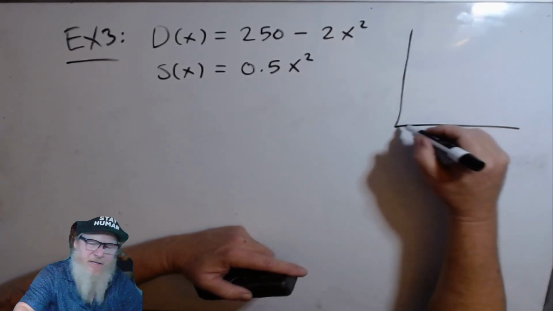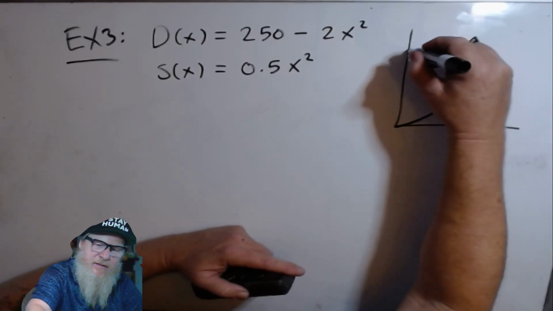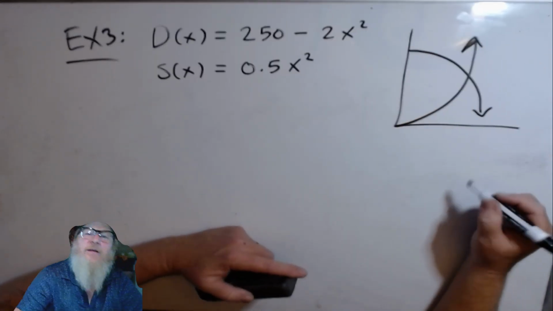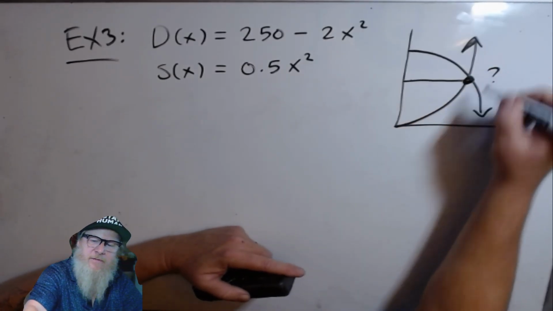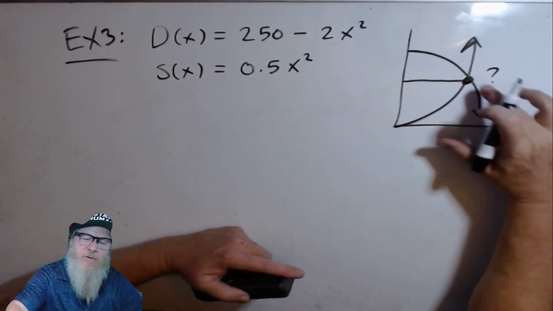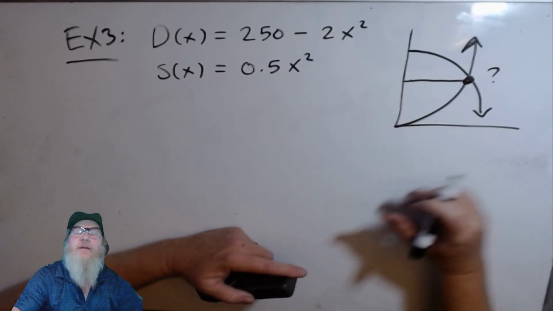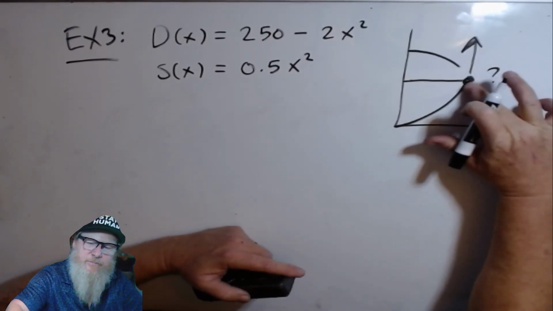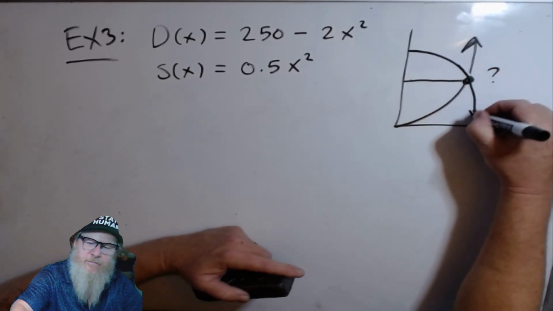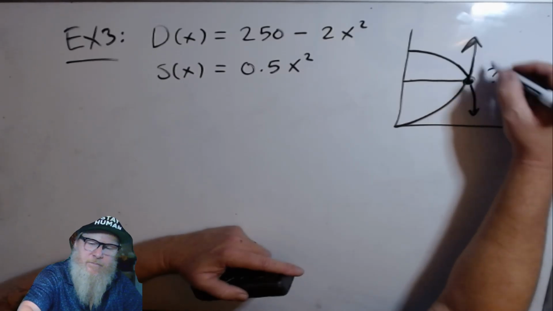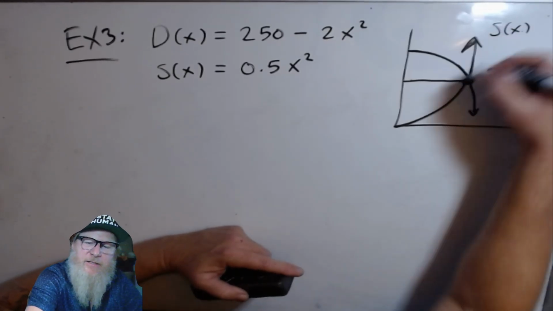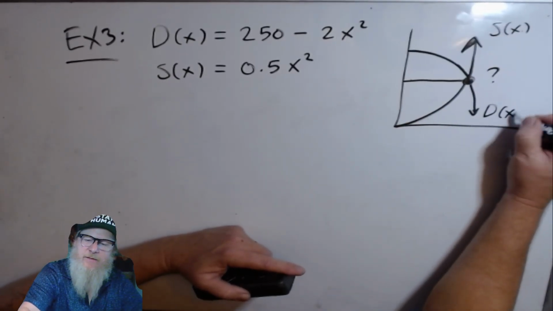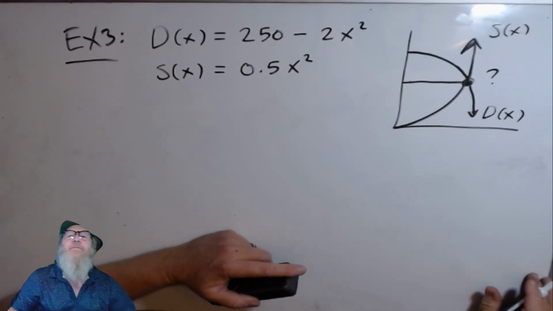So again, like this and like this. We're trying to find the point where they cross. That's the terrible graph, but I think you'll be okay with it, right? All right. So again, supply is increasing and demand is the decreasing function.